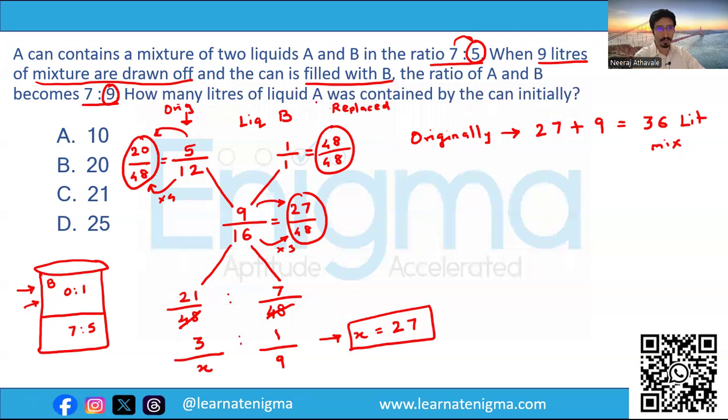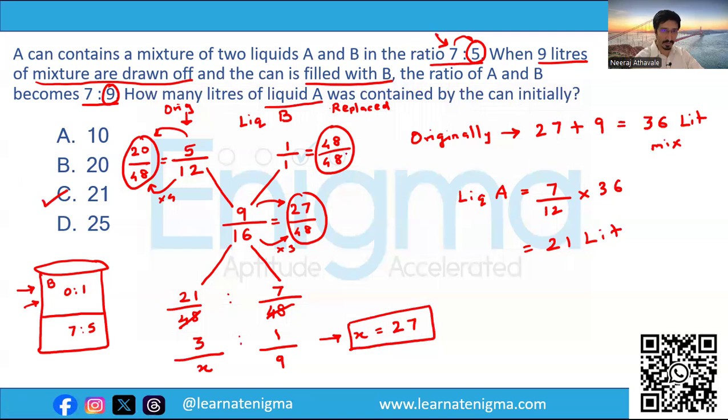We want how many liters of liquid A was contained by the can initially. So liquid A, how much was it? Liquid A is 7. So 7 upon 7 plus 5, that is 12 into 36. So 7 upon 12 into 36, we get the answer as 21 liters. So answer will be option C.